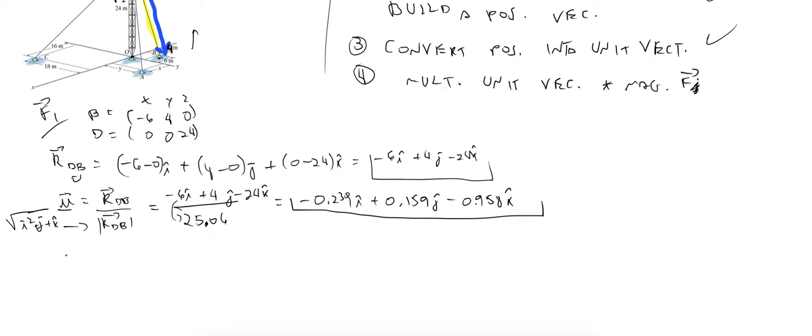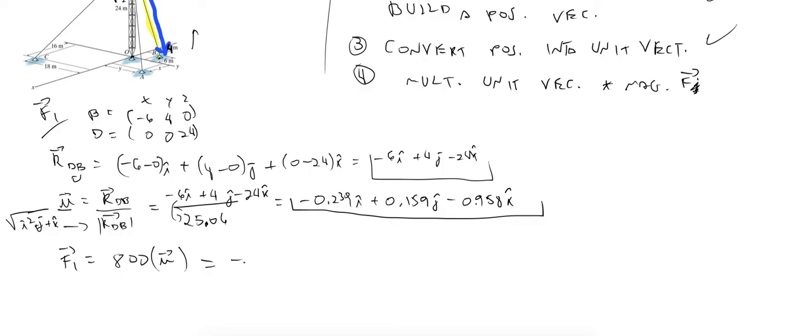F1 is equal to the magnitude, which was 800, times the unit vector. We multiply each of those components individually by 800, which I'll do in my calculator to go a little faster.